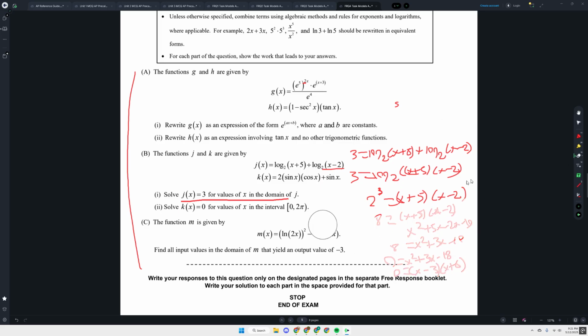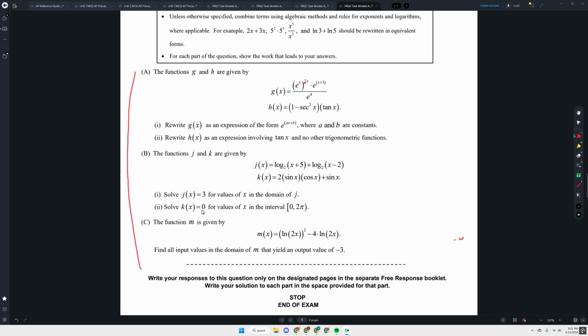-6 isn't a solution because it's extraneous. It would be the log of a negative, which doesn't exist. The domain of j is just all of that. It's just saying for all values, pretty much. This one says in the interval of 0 to 2 pi, saying all possible values that exist in the log's domain. Yeah, the answer is x equals 3.